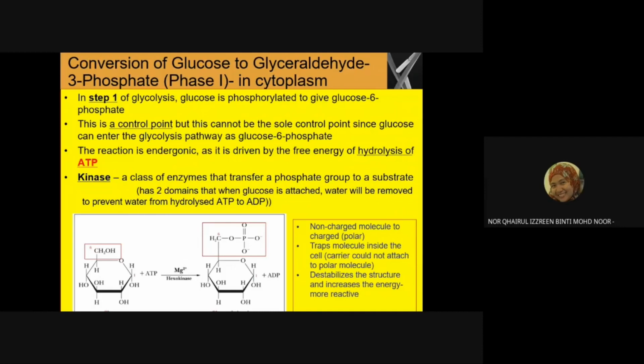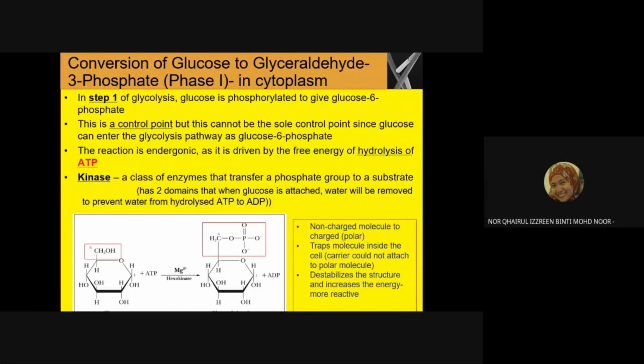Glucose itself is a non-charged molecule, but glucose 6-phosphate is a charged molecule because you have one additional phosphate group. So it goes from a non-charged molecule to a charged, polar molecule. The presence of the phosphate changes the conformation of glucose.